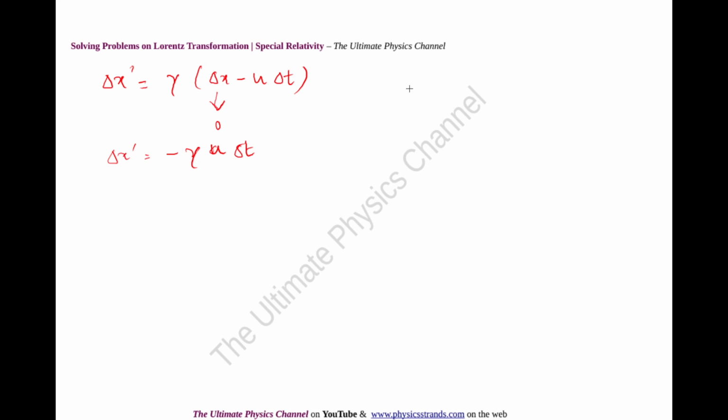On the other hand, we know that del t prime can also be written in the same fashion as gamma times (del t minus u del x over c square). So we can derive these difference equations from our original Lorentz transformation equations for two sets of coordinates, because there are two events here.